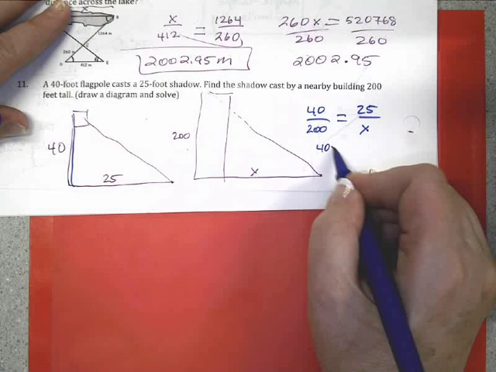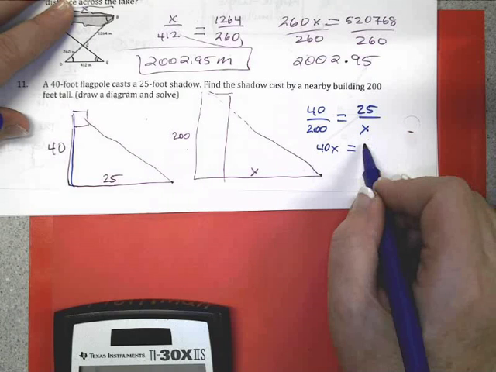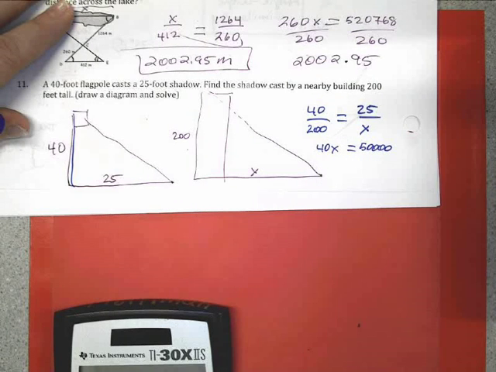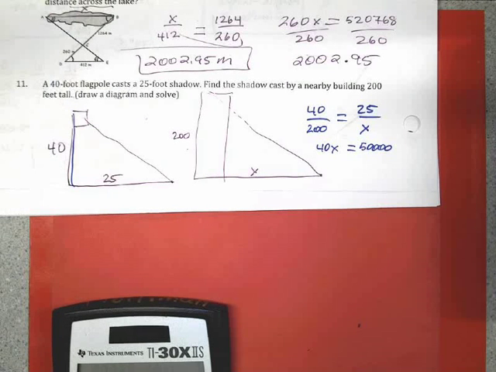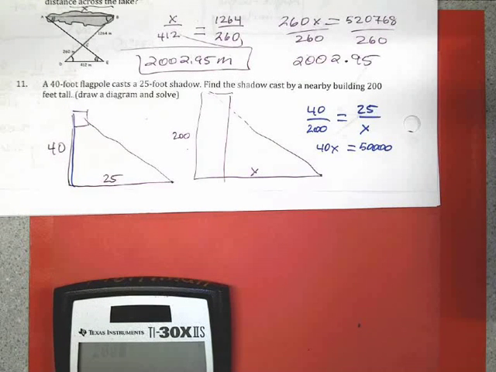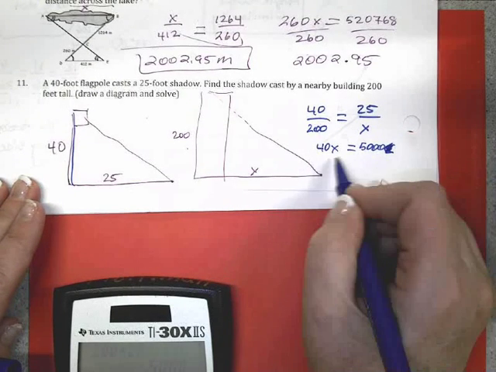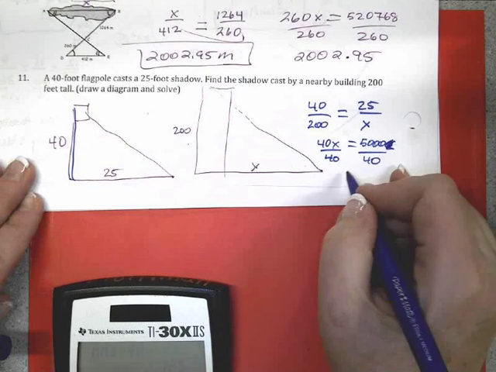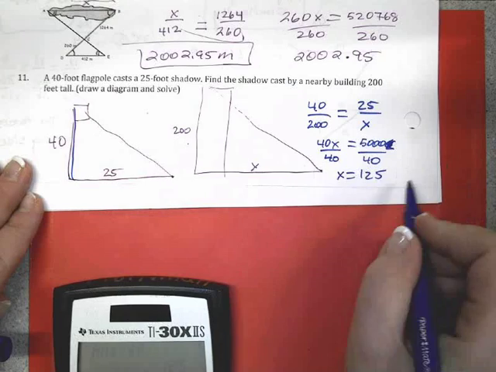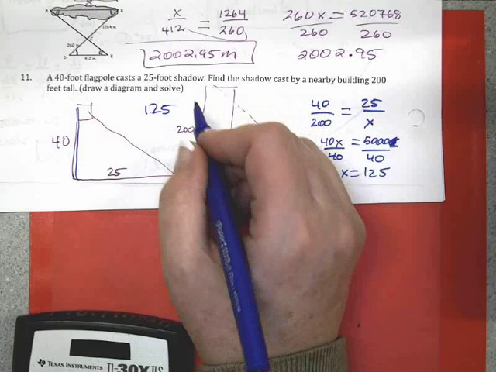Cross multiplying, 40x equals 5,000, oops, one extra zero there, 5,000. So divided by 40, x is equal to 125. So 125 feet for our answer on that last one.